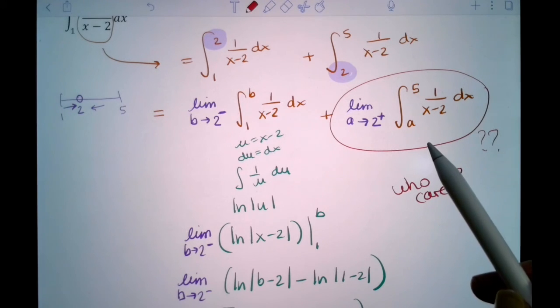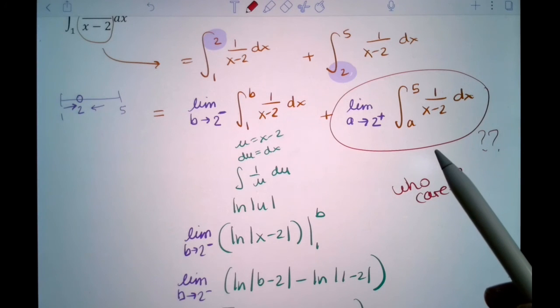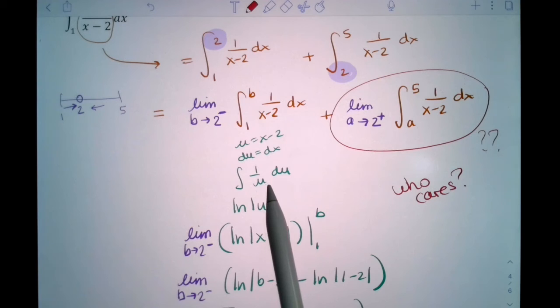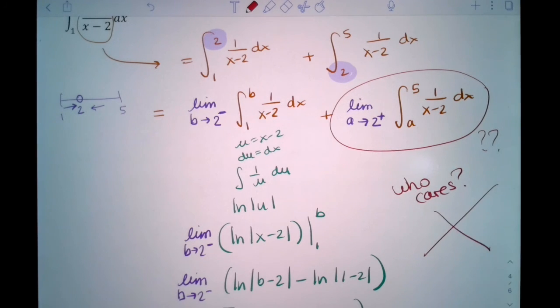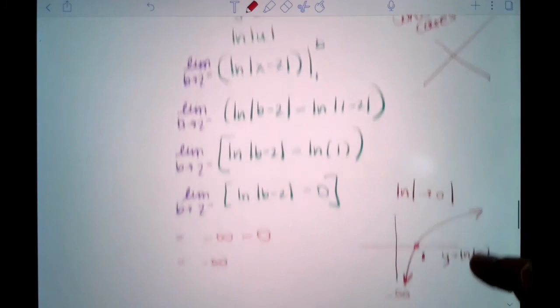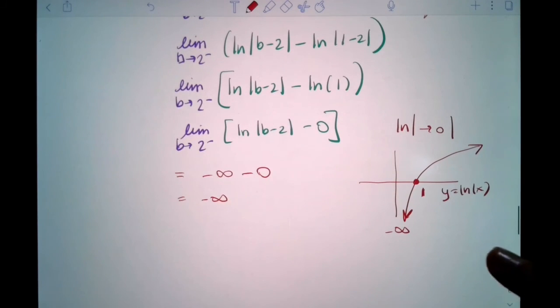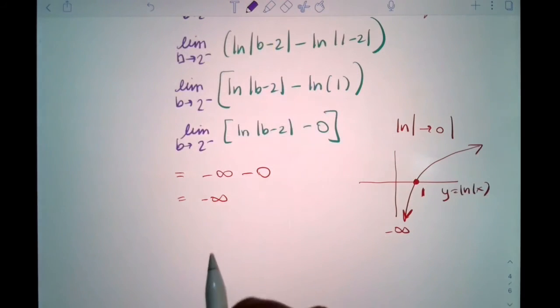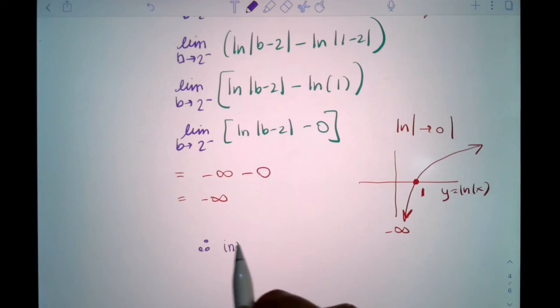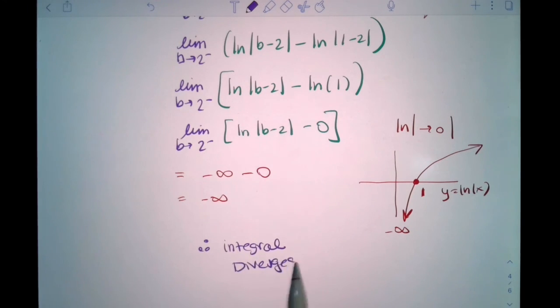Even if this were to converge to a number like 5, it doesn't matter, because if one of your integrals diverges, you don't care about what's going on. I'm going to totally ignore it and not even show anything, because one of my integrals diverges. The whole thing is a mess. So I'm going to go ahead and state what that means. I'm going to say, therefore, the integral that I was given diverges. Okay? I don't even have to dig in and work on that second integral.